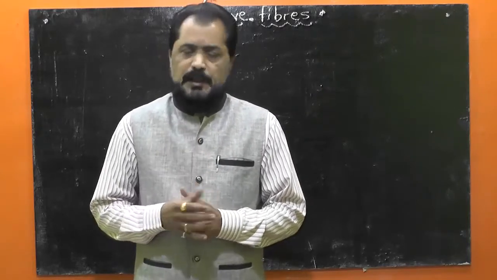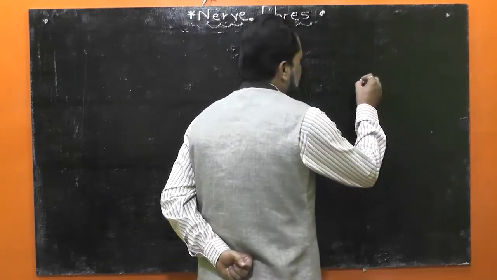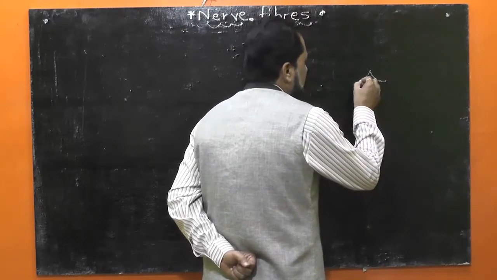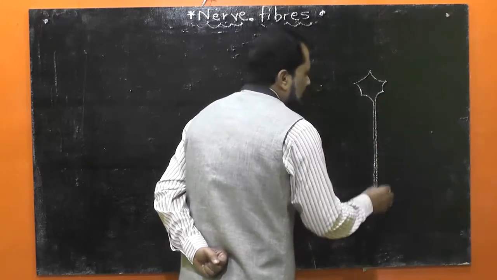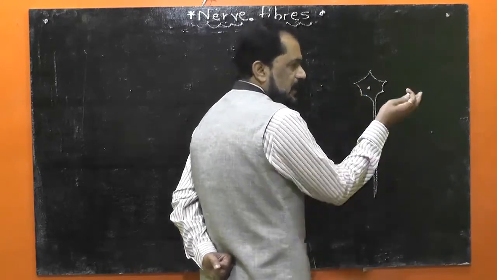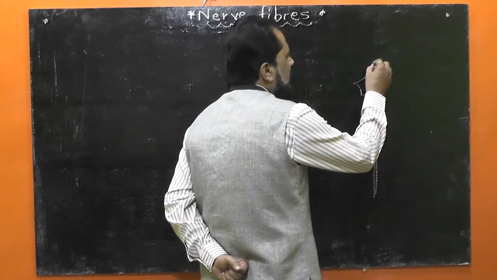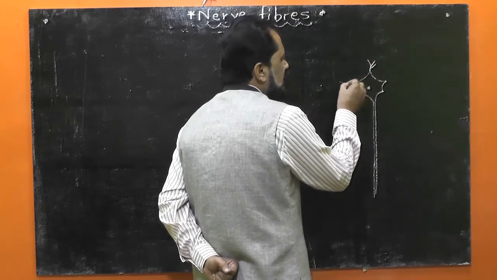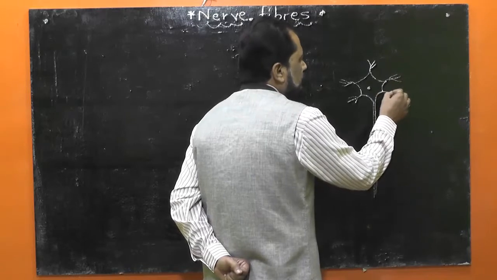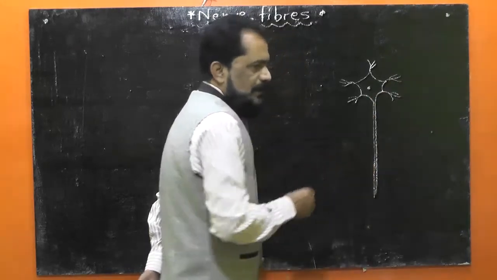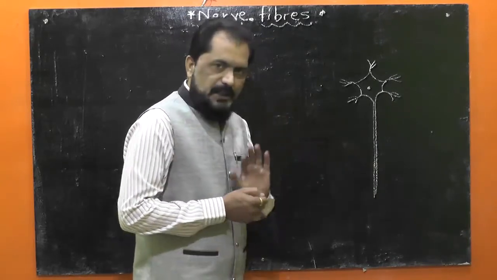All of you know, and we have studied last time, that the neuron consists of two main components such as the cyton, that is cell body, and from this cyton there arise two different types of processes: the short and much branched processes known as dendrites, here I am going to show, and a single elongated usually unbranched process known as axon.